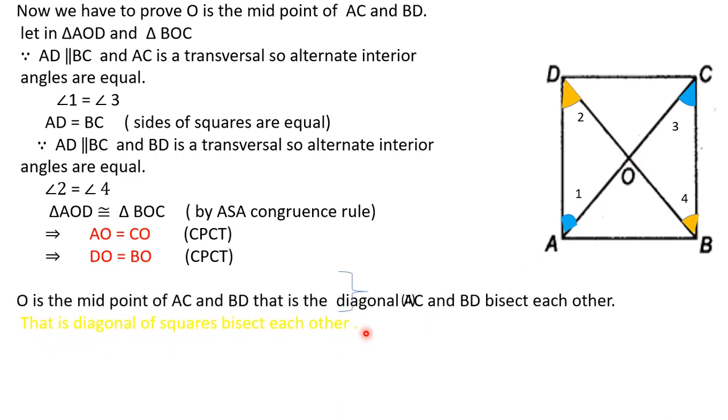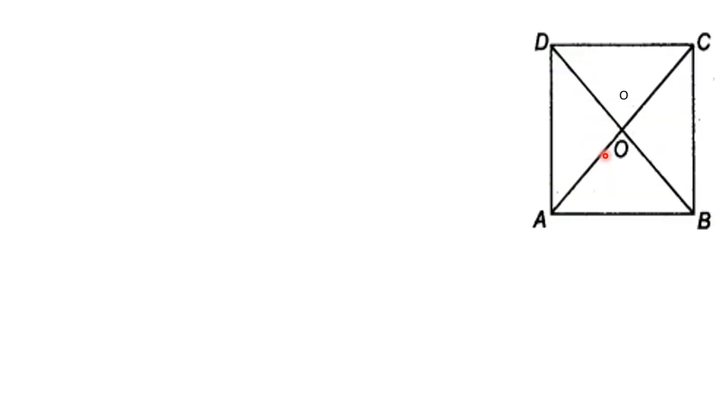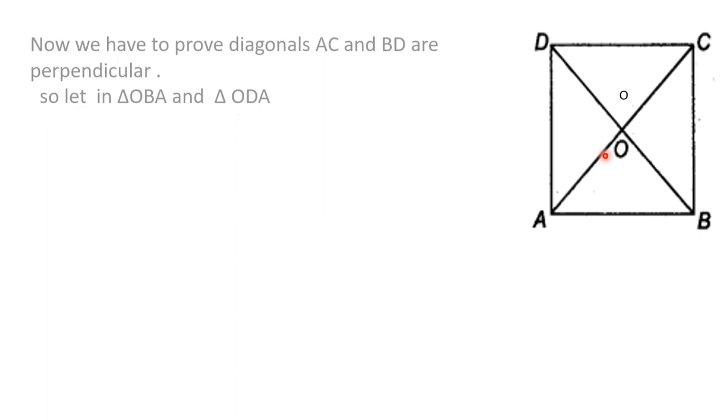Now the next we have to prove they diagonal bisect each other at 90 degree. Now here what we are getting, if AO and CO are equal, DO and OB are equal, that meaning O is the midpoint of AC and BD. So the diagonals of a square bisect each other. Now the last we have to prove the diagonal bisect each other at 90 degree.